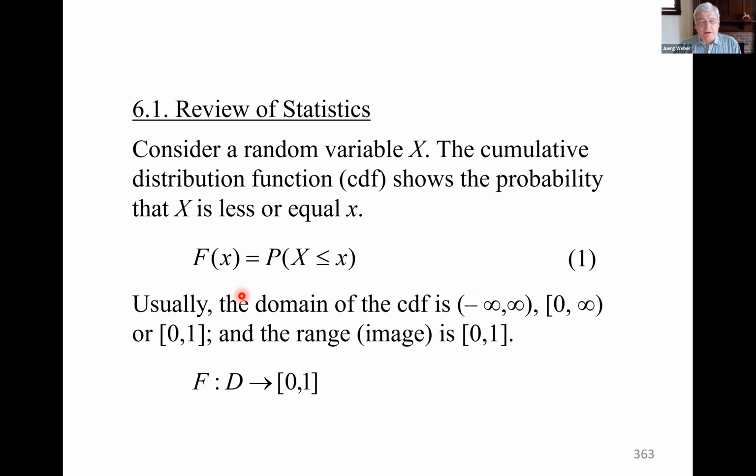So the CDF is the probability that x is smaller or equal to some critical value x. Here you have the critical value x. Now here I have something more complicated, but it must then also appear here. This was in equation 1 when we defined the CDF.